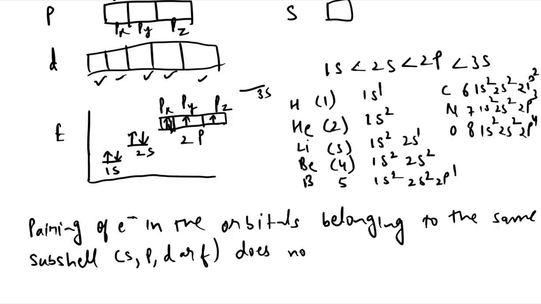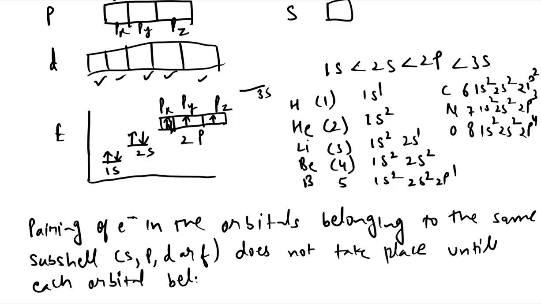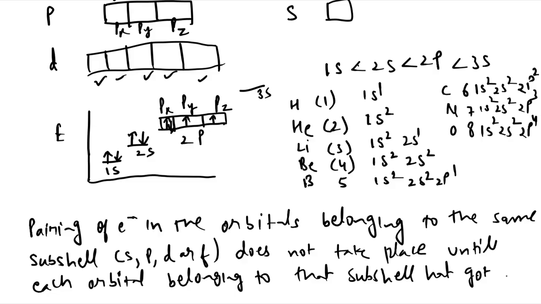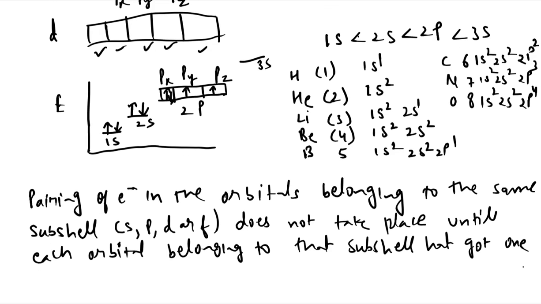Pairing does not take place until each orbital belonging to that subshell has got one electron each.